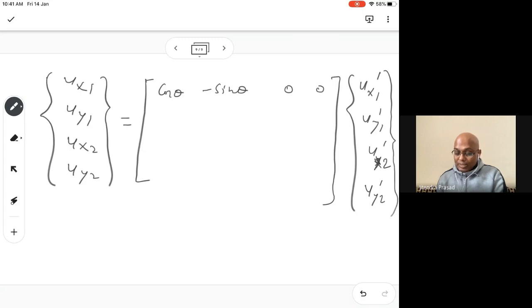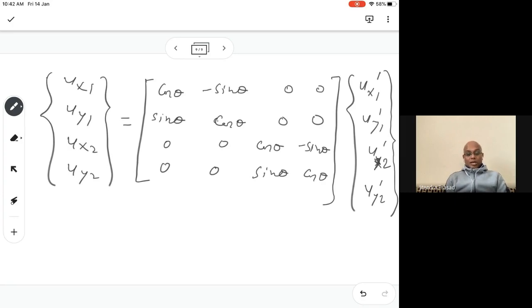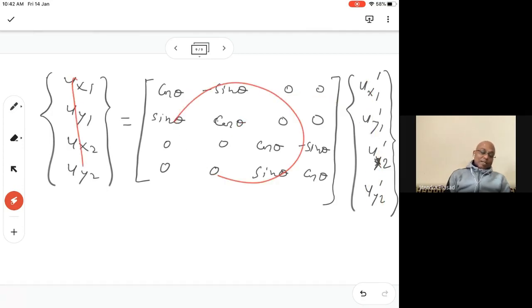So we are just combining them together. This is the relationship we got. If you know this, you just multiply it by this one and you get it in this direction. Okay.